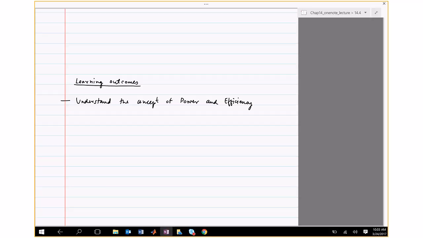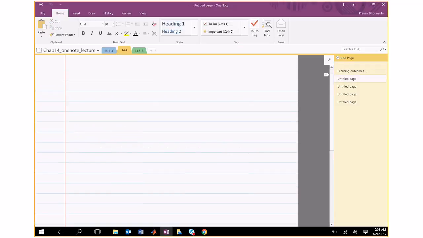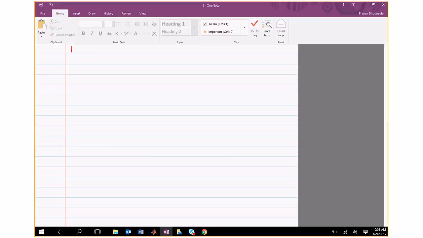Going to talk about the concept of power and efficiency and solve related problems. So power is defined as force times the velocity.